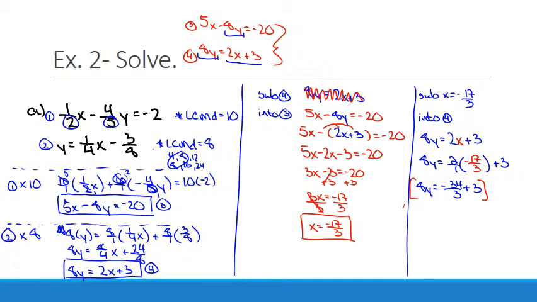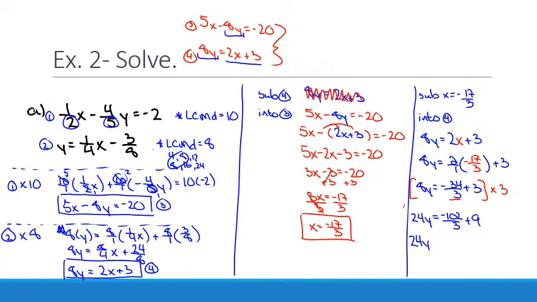There's only one denominator, that 3, so I'm going to multiply this whole thing by 3. You can show it or just talk about it: 8y times 3 is 24y. When I multiply 34 times 3, that's 102, so negative 102 over 3, and then plus 9.